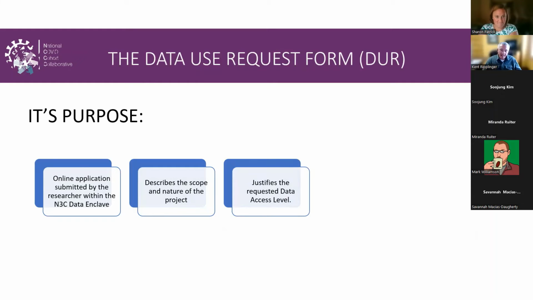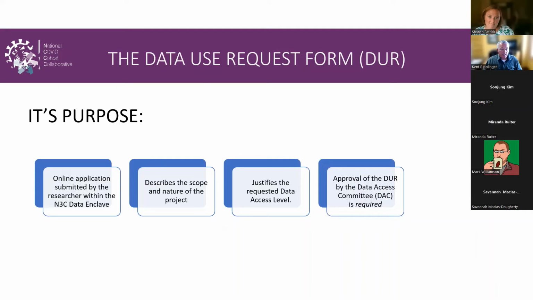If you refer back to that data access level chart, if you were requesting access to a project that was using level 3 data, you would need IRB approval. And of course, that might be the same for level 2 data if your institution requires it. So there's a bit of a process here. Again, that's where I would be able to help you with that.